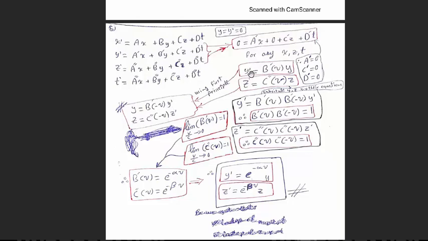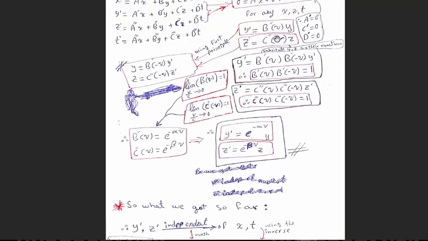Here in y dash we get minus v and here v, because from the Galilean transformation, when frame sigma dash moves to the right from its own point of view, from the point of view of frame sigma it is moving to the left, and vice versa. So here we got v, and here we got minus v.